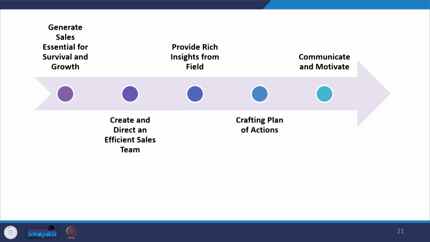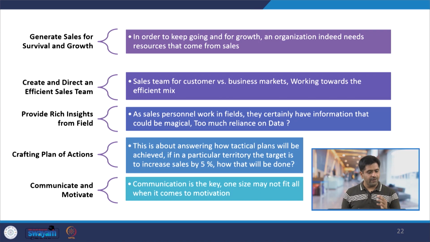So it encompasses generating sales essential for survival and growth, creating and directing an efficient sales team, providing rich insights from the field, crafting plans of action, communicating and motivating. Now when you talk about generating sales for survival and growth, I have told you in the last 2 sessions also that sales management is not just about sales, but we can't deny the fact that it is an important aspect because it is the only unit that creates revenue for the organization, right?